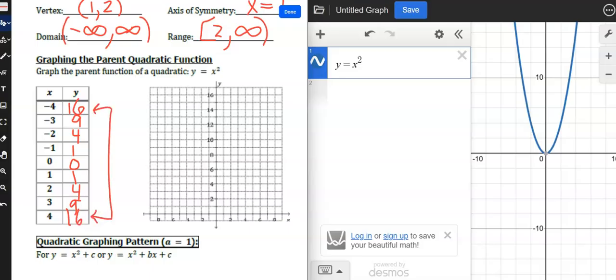Looking at there being a matching pair on either side of the middle. Yeah, there are y values that are a matching pair. And you can take a look at the graph.